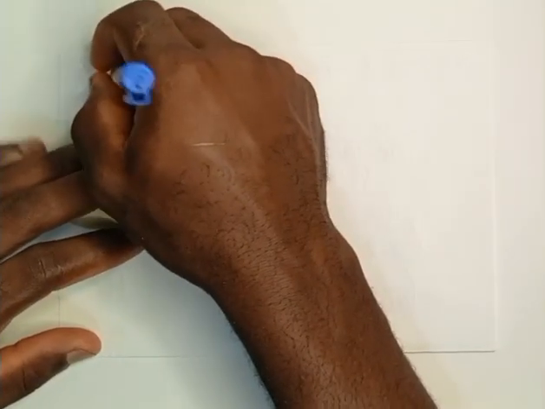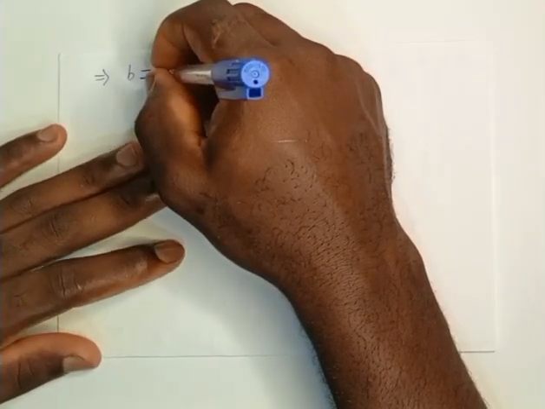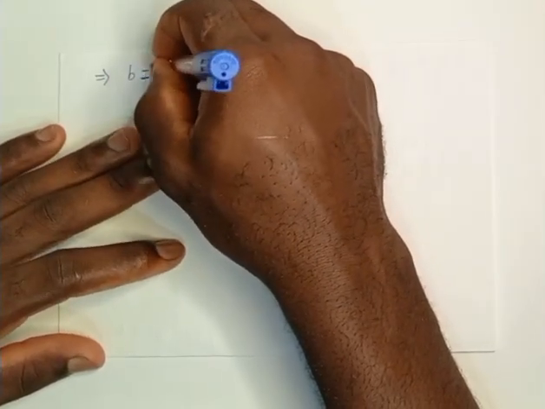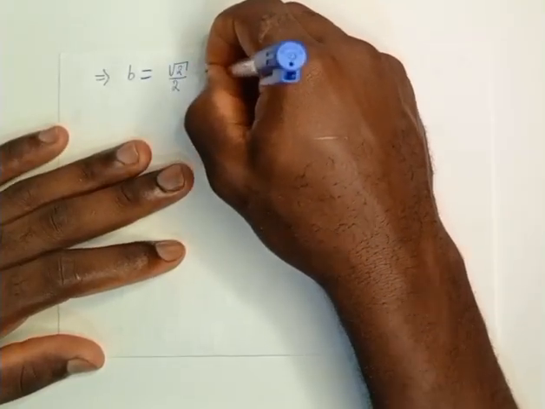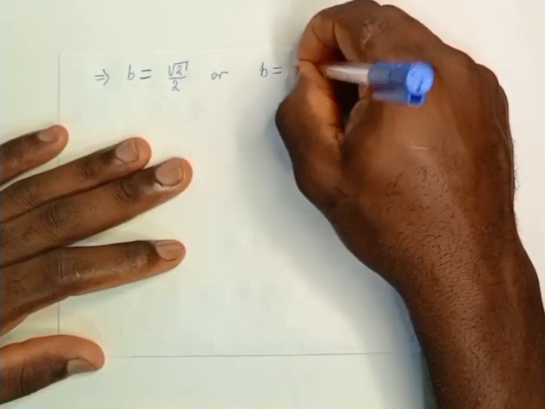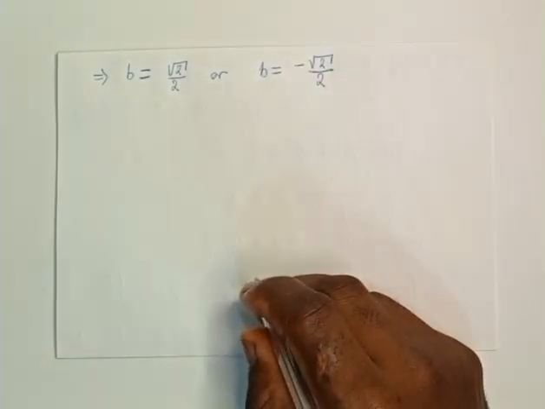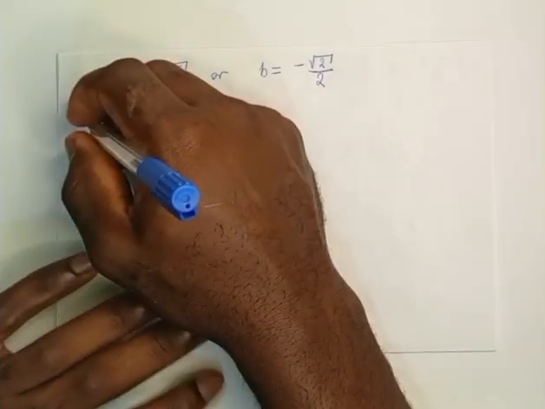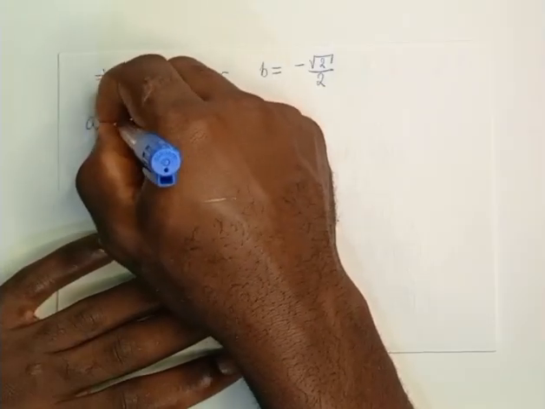This will imply b is equal to the square root of 2 all over 2, or b is equal to negative the square root of 2 all over 2. Next, we have to find a. For us to find a, we know that a is equal to b.